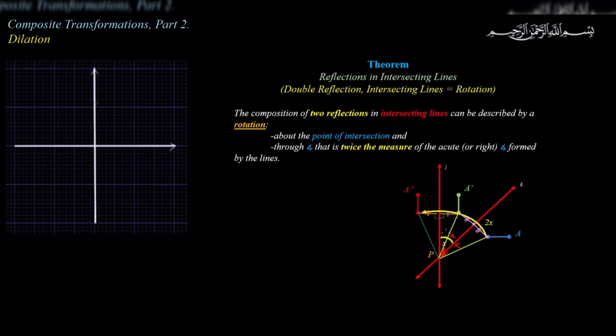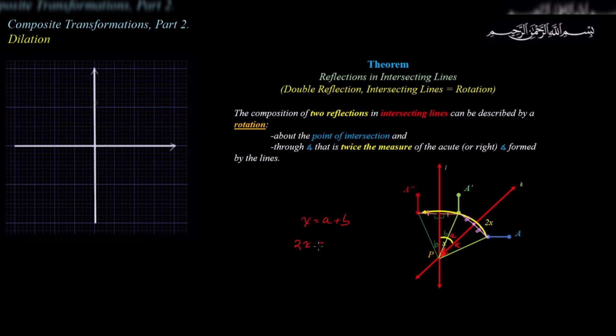So if you call this angle B for this triangle, this angle would also be B. Then you notice that x is basically right here. So x is going to be A plus B. So x here is A plus B. And the whole big angle of rotation is going to be 2x, because this 2x is 2 times A and 2 times B.